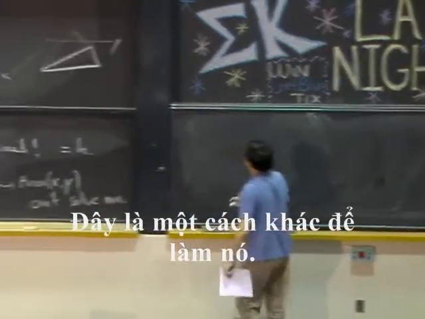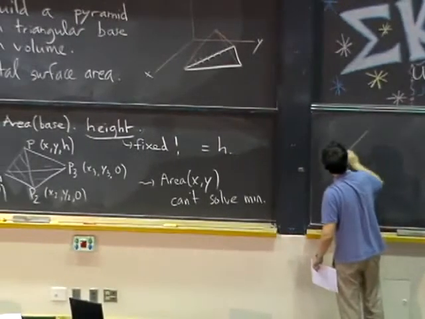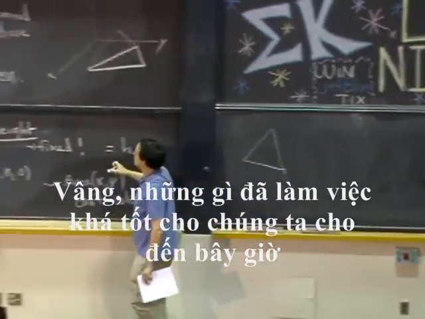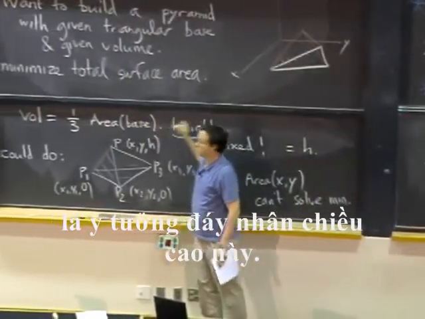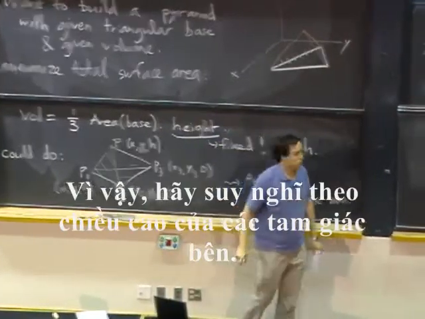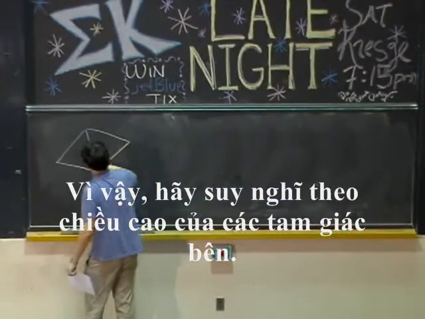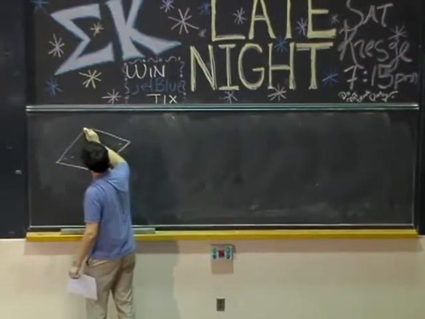So here's another way to do it. What's worked pretty well for us so far is this geometric idea of base times height. So let's think in terms of the heights of these side triangles.